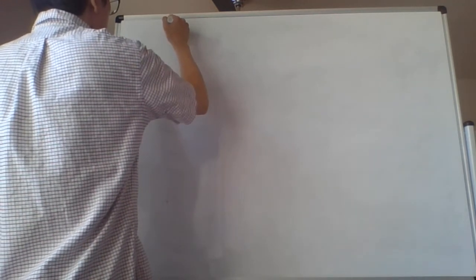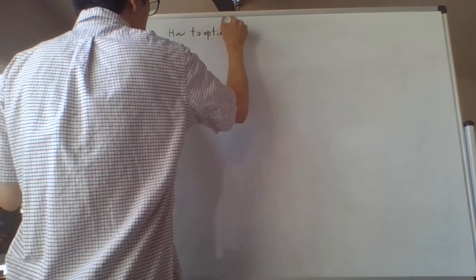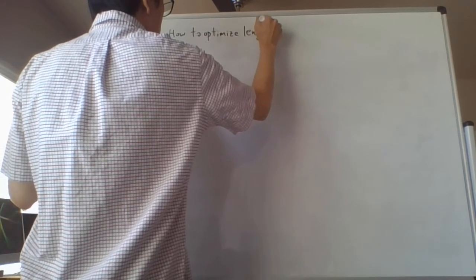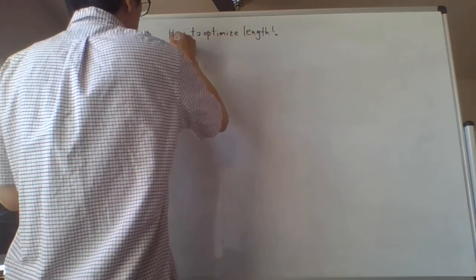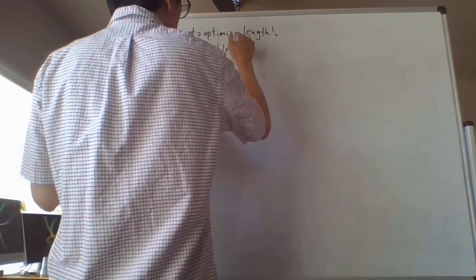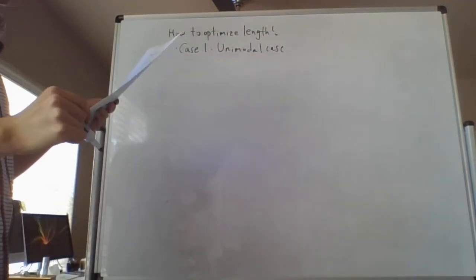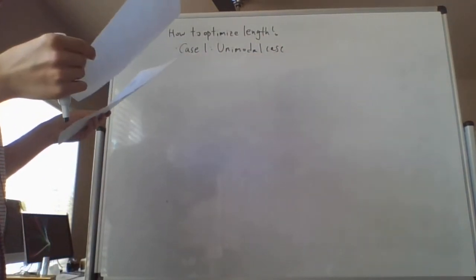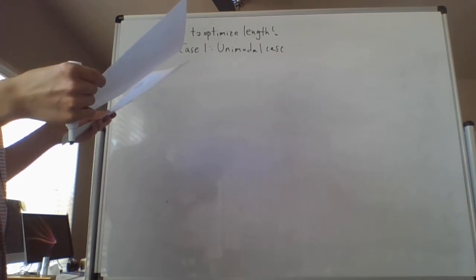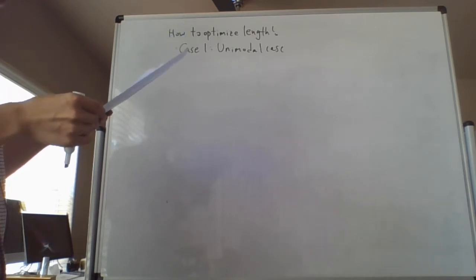So how to optimize the length? There are two cases. Case 1 is the unimodal case. When we say unimodal, it means that there is only one mode.